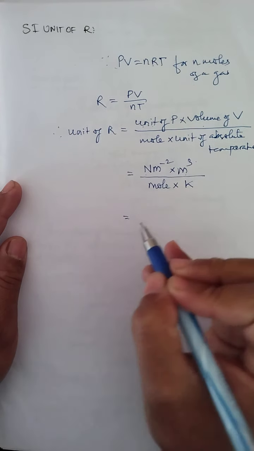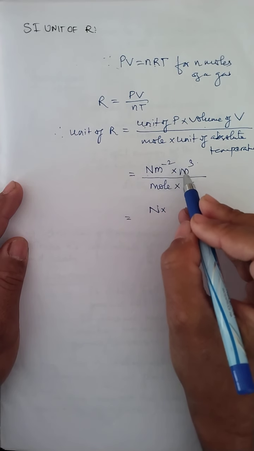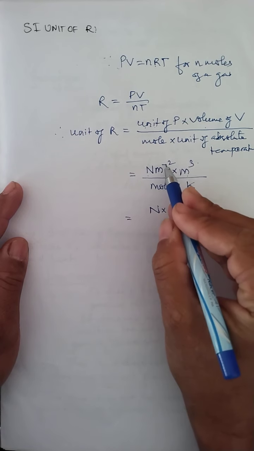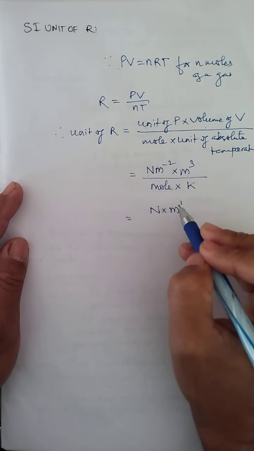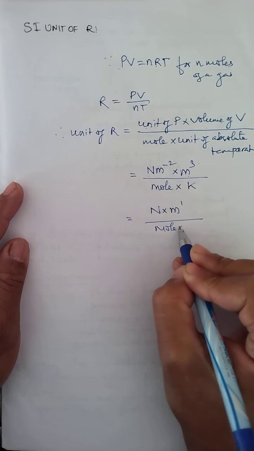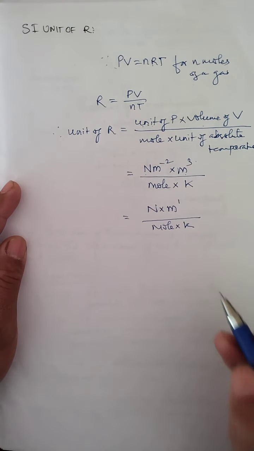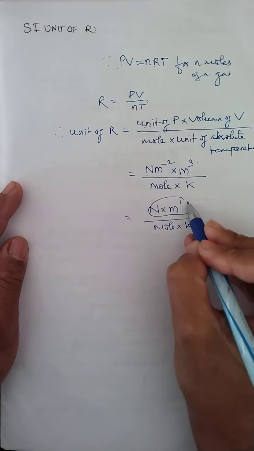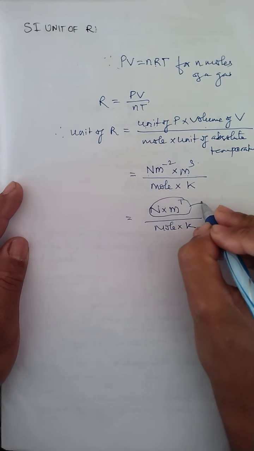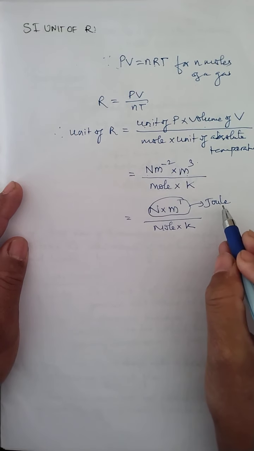Now let's further simplify. This will be Newton into meter minus 2 and meter cube, which we can write as meter 1, because 3 minus 2 is 1. So Newton meter by mole into Kelvin. Now children, you know that Newton meter means force times displacement, which equals work, and the unit of work is Joule. So Newton meter is equivalent to Joule.